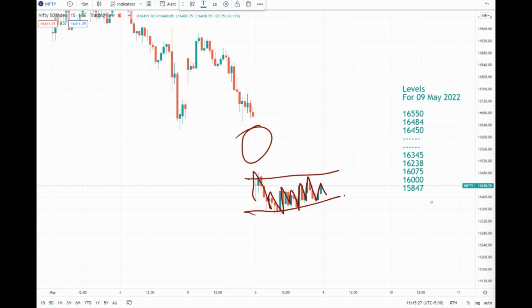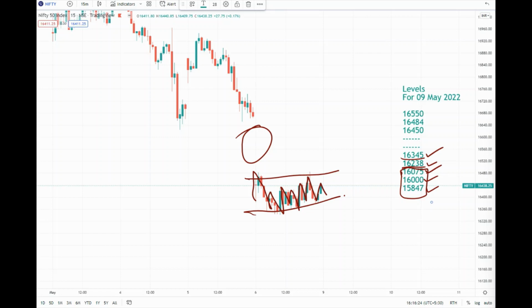So the levels that we can look for tomorrow, that is 9th May, are 16,355, 16,238, 16,075, and then 16,000 and 15,840. The immediate levels possible on the downside are 16,345, then 16,238. The levels of 16,075, 16,000 and 15,847 are possible if there is a gap down, or in a couple of days if the downtrend persists.